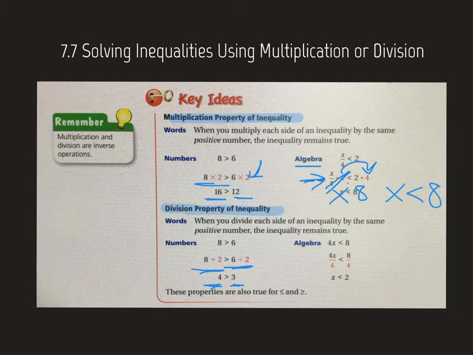Does that inequality still hold true? 4 is greater than 3. Yeah, so that works fine. Algebraically, if we took 4x is less than 8, we divide by 4, which gets rid of those 4's, leaves us with x, and we do the same thing over here, which leaves us with 2. So x is going to be less than 2.